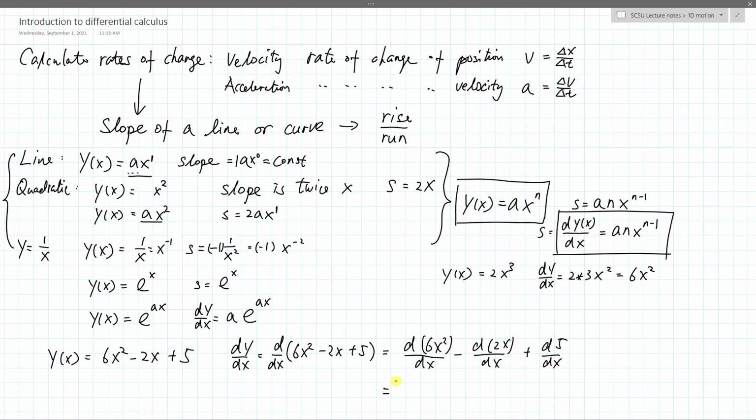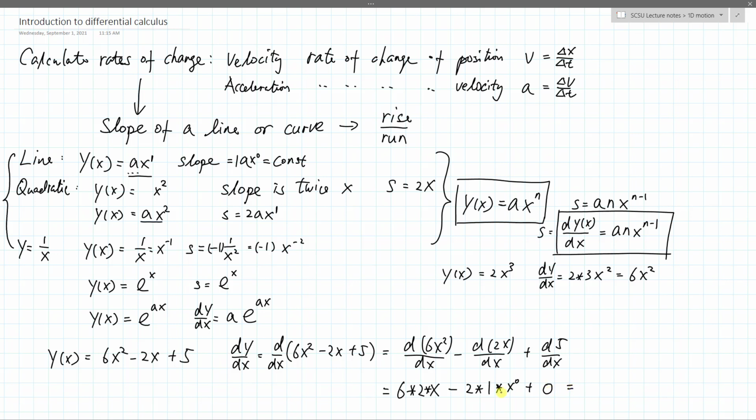And applying that rule, we keep the 6 and we drop out the 2 and multiply that 6 with 2, so we have a 6 times 2. And x squared needs to decrement its power to x, and then we'll do the same thing here, the 2 and then multiply x to the first power, and x to the first power drops to x to the 0's power, so x to the 0's power, which is a 1, and then because the constant doesn't change with x, its derivative is 0.